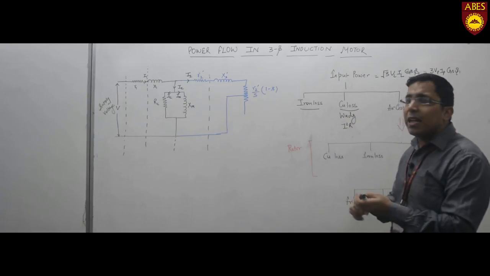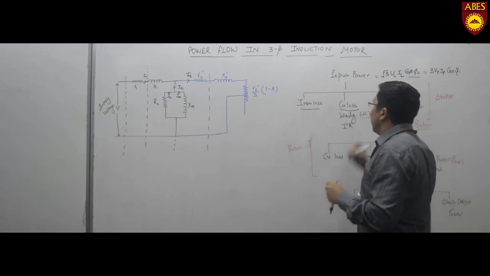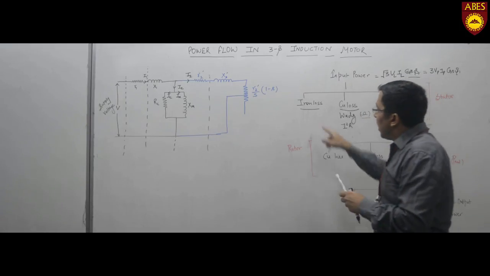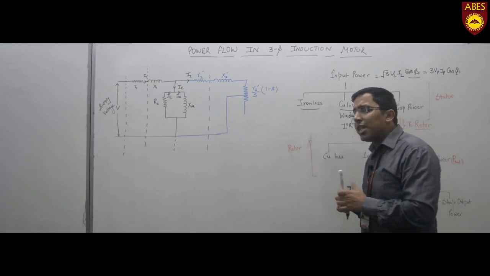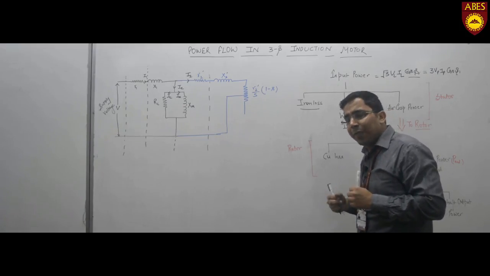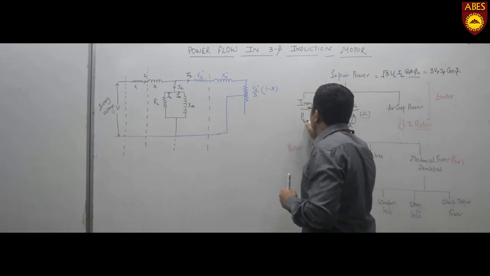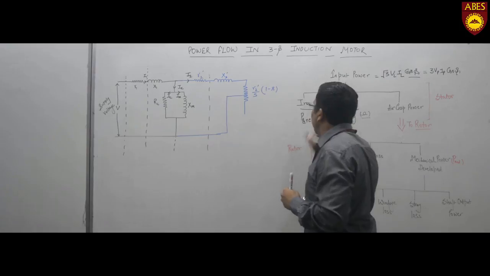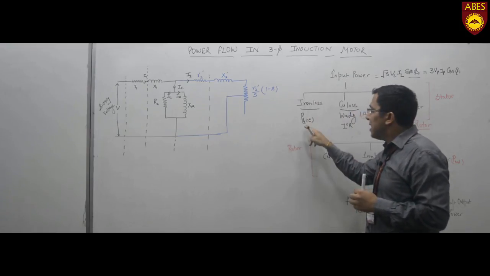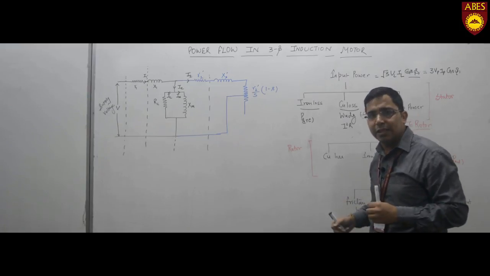So we can classify the copper loss under the category of ohmic loss. The stator core is made of a ferromagnetic material, and it has losses due to hysteresis and eddy current. This hysteresis and eddy current cause the iron loss, or the core loss.